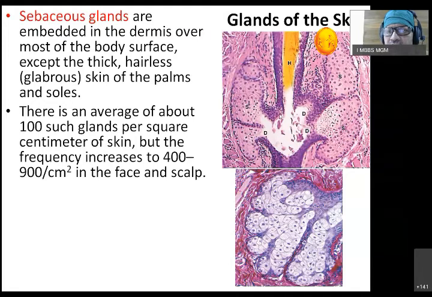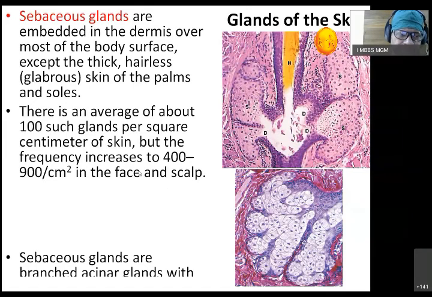You see a dark colored particle, that is the blockage, and the secretions start accumulating in the gland. Sometimes this acne will get infected, and that is the infected sebaceous cyst. If it is too large, especially in the scalp or on the nape of the neck, we have to remove it.